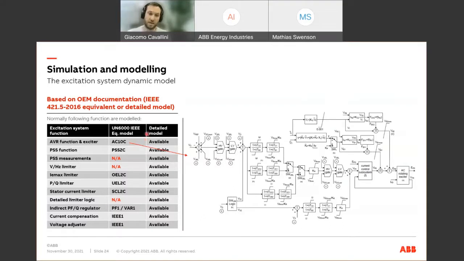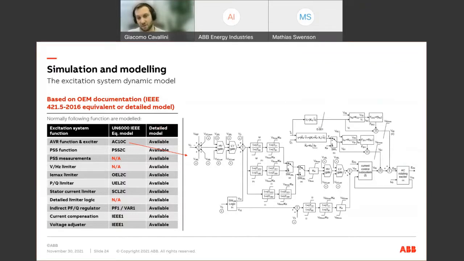So in those markets, detailed models are required. And for the ABB excitation system, at least, we have developed those models: user-specific, detail-specific models of our equipment, Unitrol 1000 and 6000.